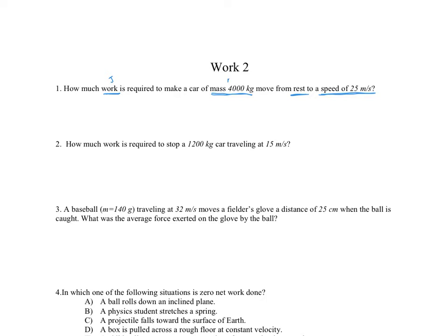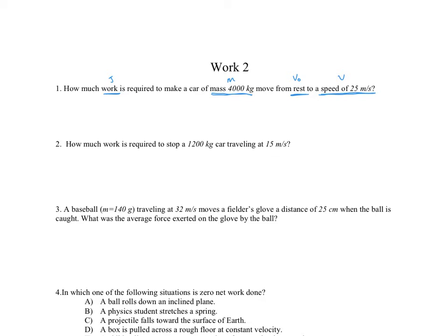This is our mass, which is m. Rest is our v naught, and the speed of 25 meters per second is our v final. We know that the car is moving, so we can assume that the car has kinetic energy.